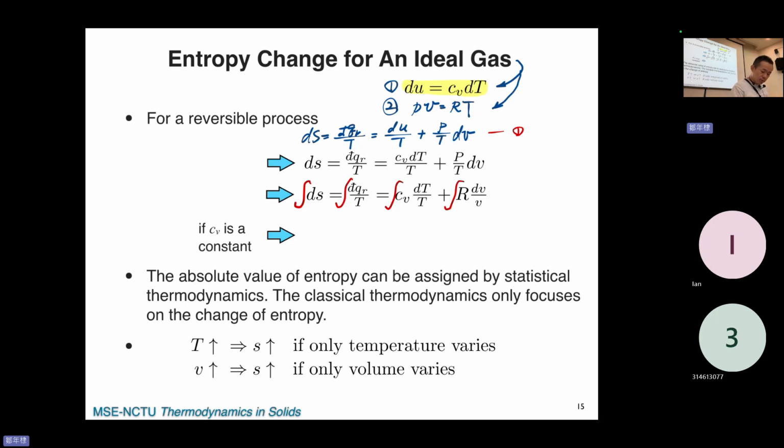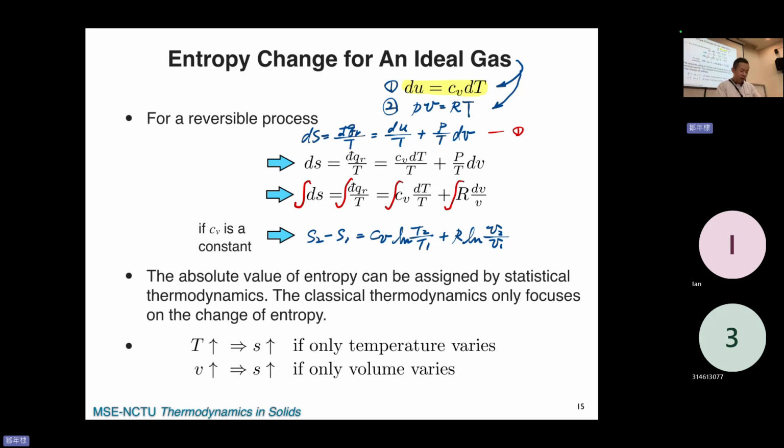So S2 minus S1 equals Cv natural log T2 over T1 plus R natural log V2 over V1. Okay, so that's the general formulation for ideal gas entropy change.